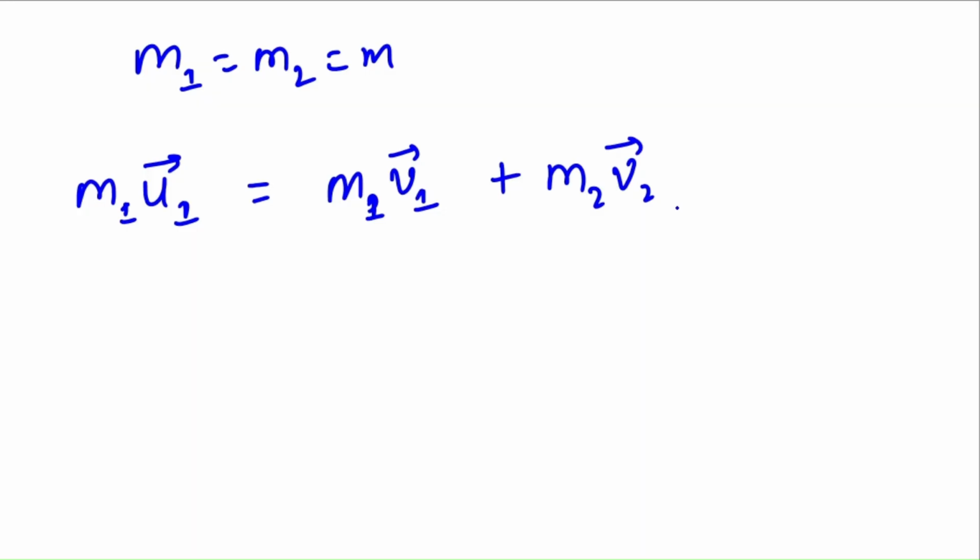This is conservation of linear momentum. Now m1 and m2 are equal, so we can simplify this as u1 equals v1 plus v2, as vectors.